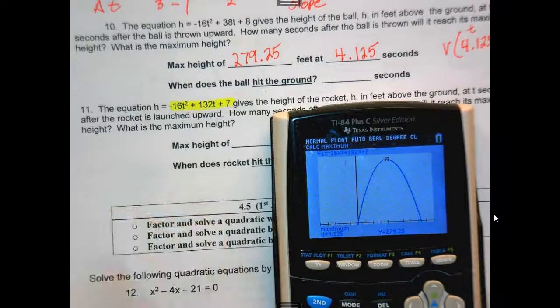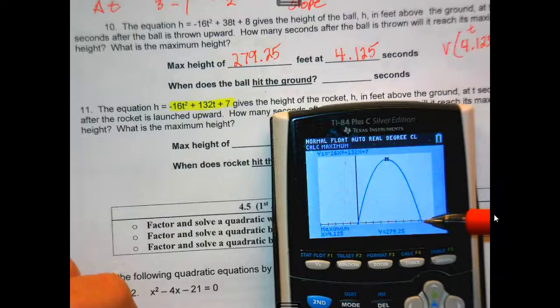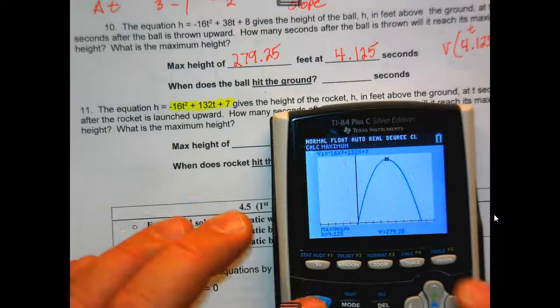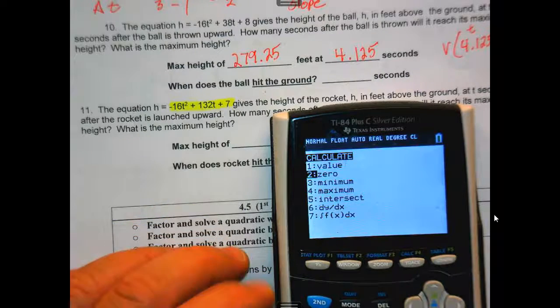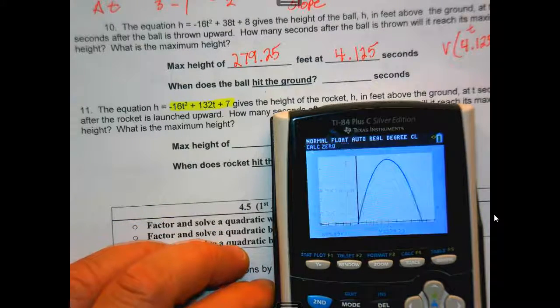That's this x-intercept here. When it hits the ground is that x-intercept point. You're going to have to do left bound, right bound again because it's in between points. So this time we're going to calculate the zero. Hit enter.